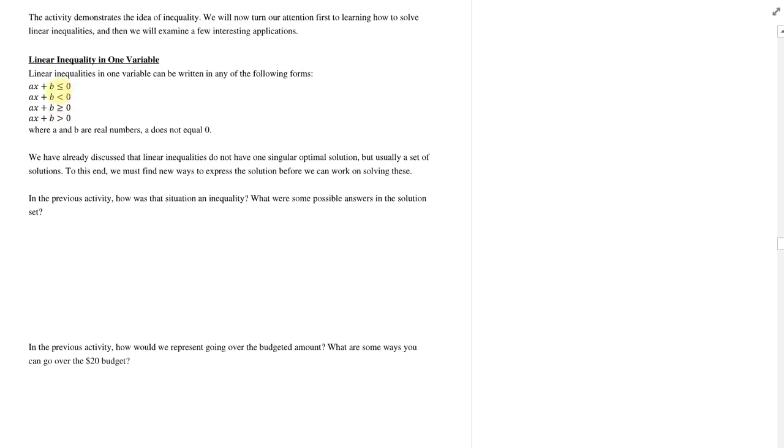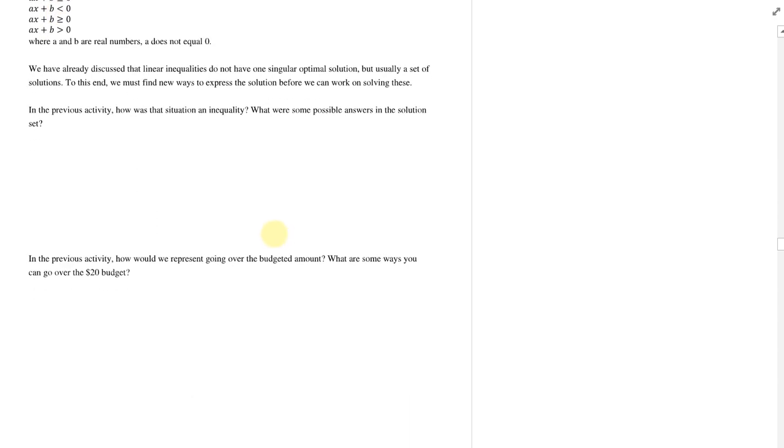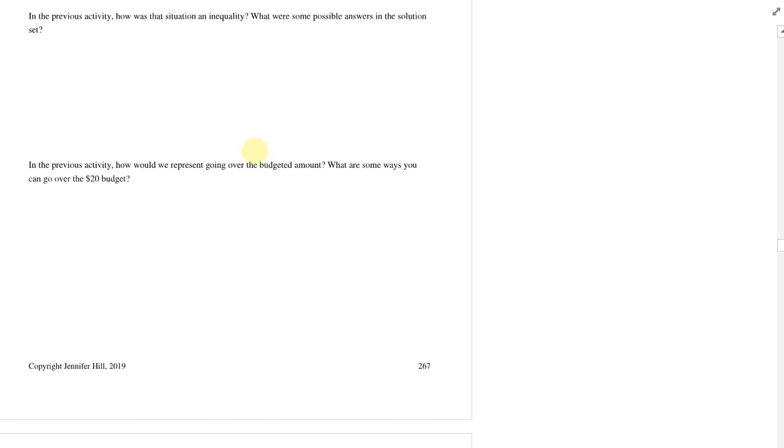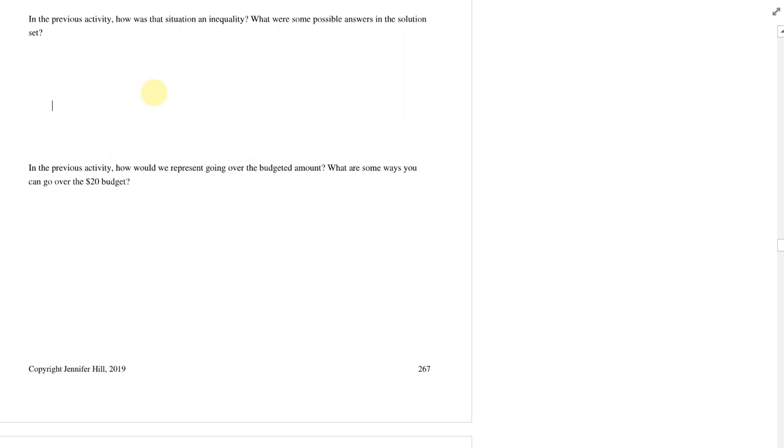Linear inequalities are a little bit different from equality, right? If we think about this question, how the previous situation was an inequality, how could we represent that as an inequality? Well, our meal had to be less than or equal to $20, right? And there were a lot of different possibilities for this.